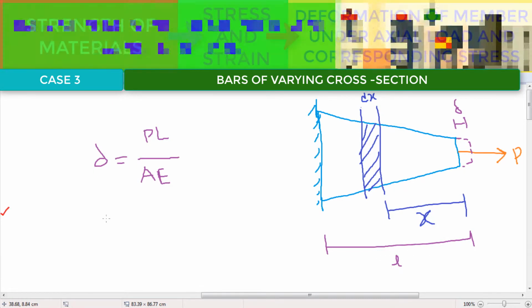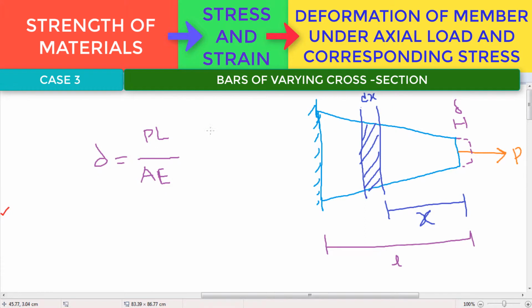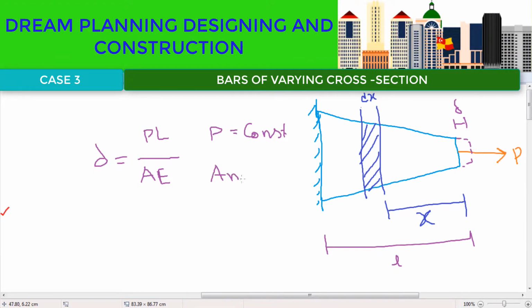Here P is constant in each section. Here area is varying with respect to length, so area is a function of x.